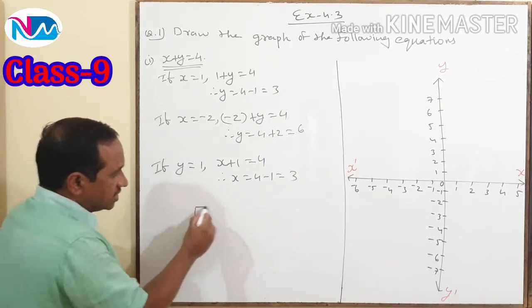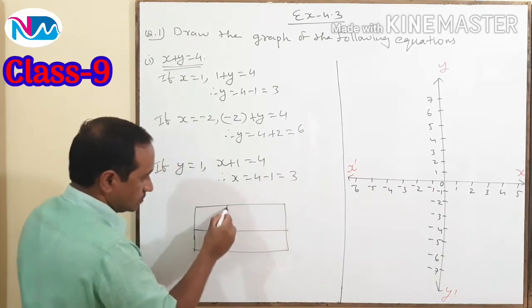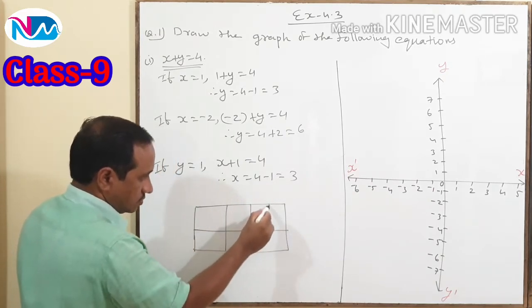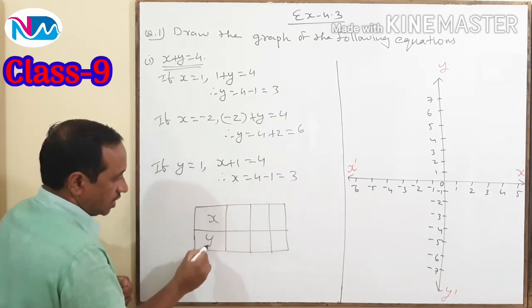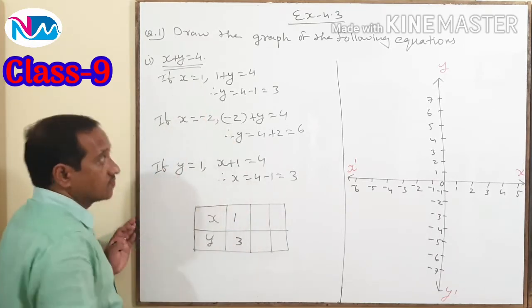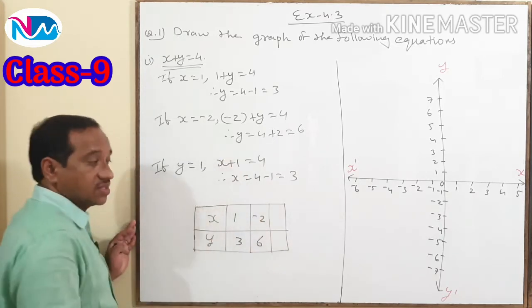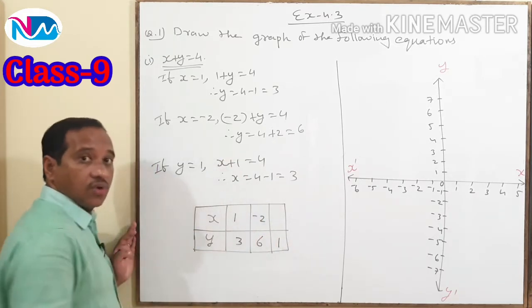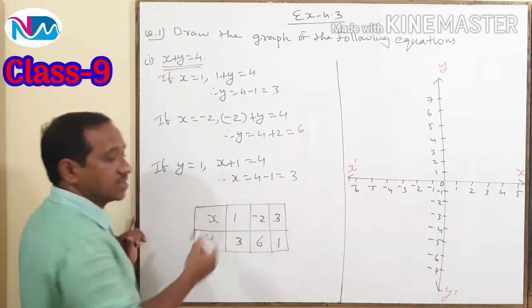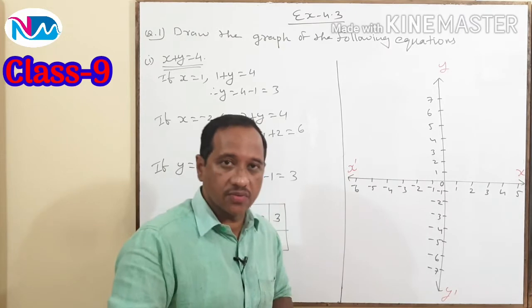We can write these 3 solutions in a tabular form as follows: x, y. If x is equal to 1, then y is equal to 3. If x is equal to minus 2, then y is equal to 6. And if y is equal to 1, then x is equal to 3. So here we have 3 solutions in the tabular form.